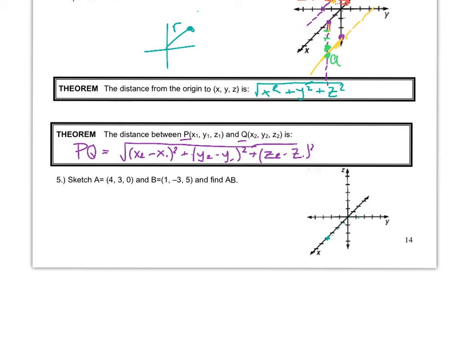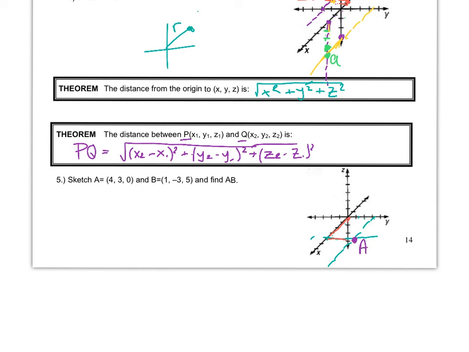So if I go up 3 on the y's right here and draw a parallel line between the x and y planes, this helps me visualize I'm standing right here on the xy plane right now, that floor. So that is out 4 on the x's, up 3 on the y's, and then z is just 0. So my final point here for A is just right there on that xy plane. So that would be A.